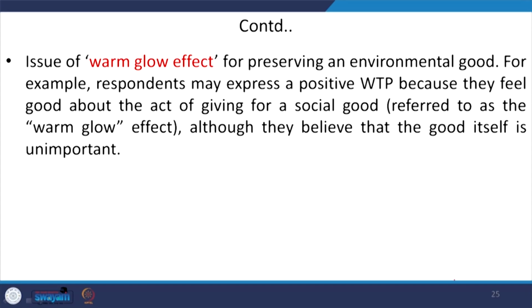What is this warm glow effect? In a particular situation, when you ask respondents what their willingness to pay is for a particular scenario, the respondent may state a very high amount, but in fact that person may not be interested in giving that much for that environmental attribute.